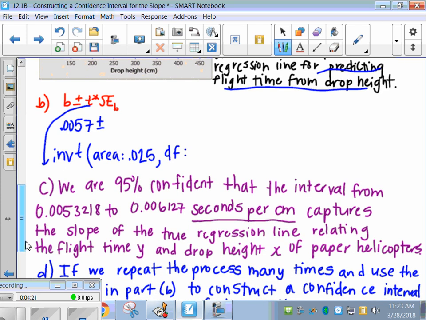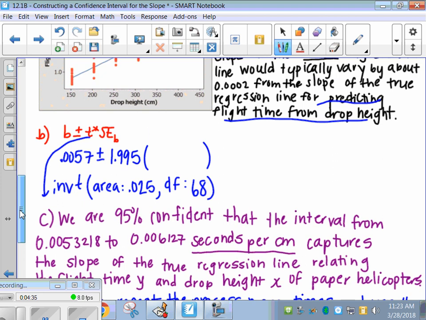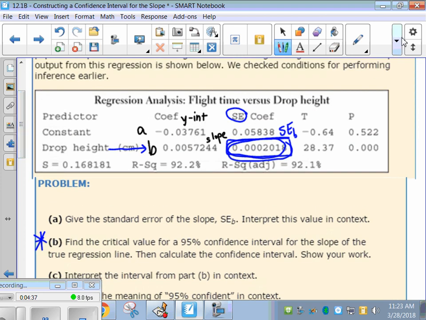And so n minus 2 is 68. You must list degrees of freedom here. All right. So once you plug that in, you get 1.995 for t star. And then we're going to multiply by SEB. This is the one that people tend to mess up the most. So be sure you know where to find this. 0.0002.